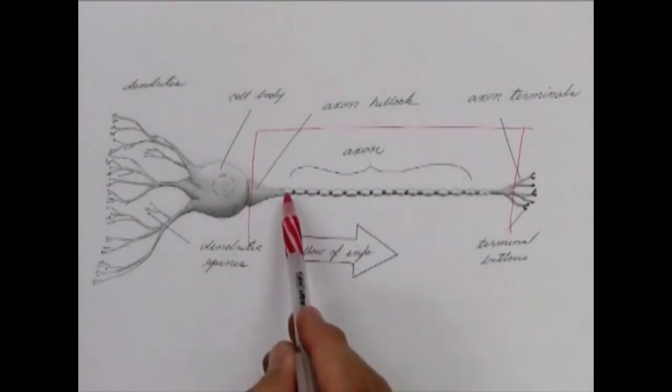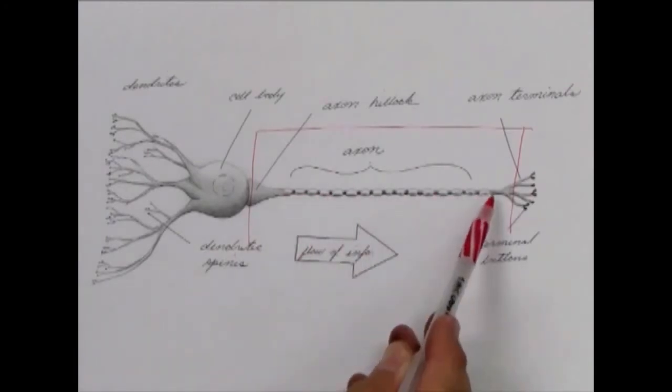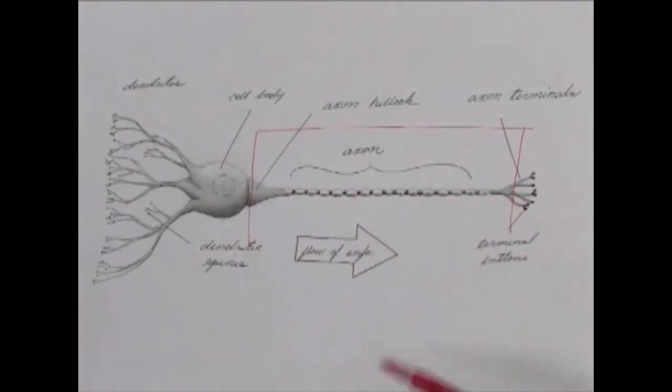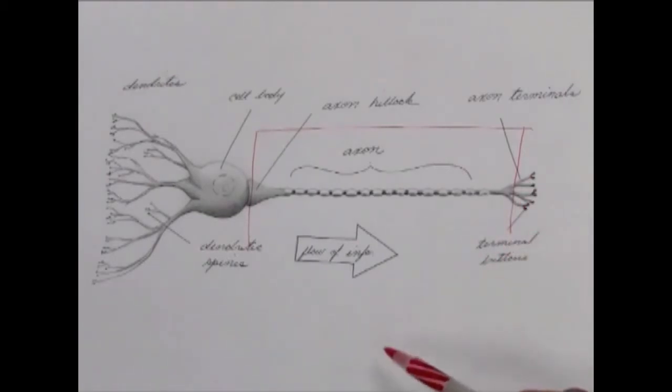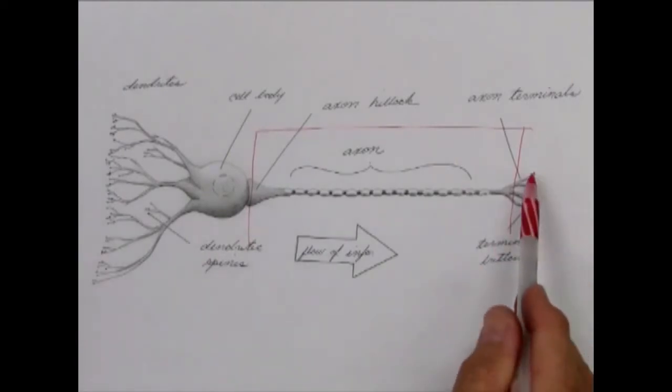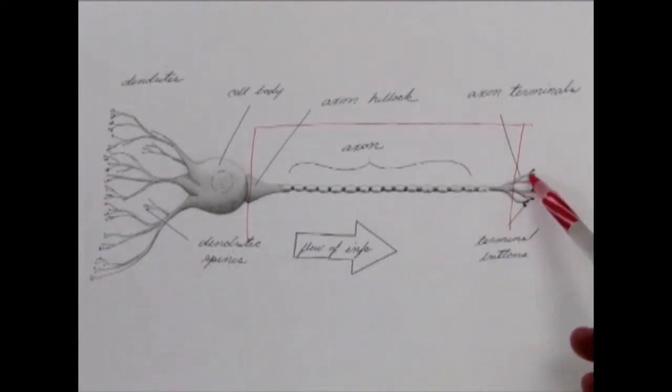The electric signal travels from the left to the right, and finally it reaches the axon terminals. And at the terminal buttons, which will be the exit point for the neuron, axon terminals are where specific neurotransmitters are released into the synapse.